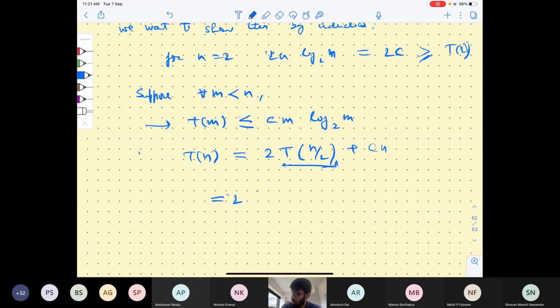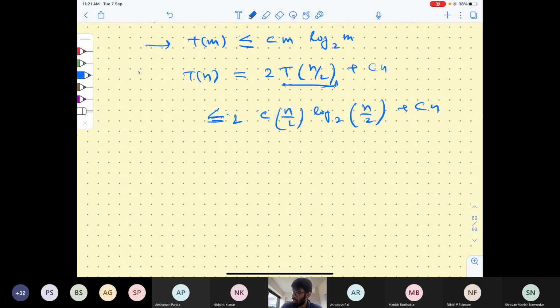So T of n is less than or equal to 2 times C n over 2 log base 2 of n over 2, plus Cn. So this gets cancelled, and you get Cn log base 2 of n over 2 plus Cn.